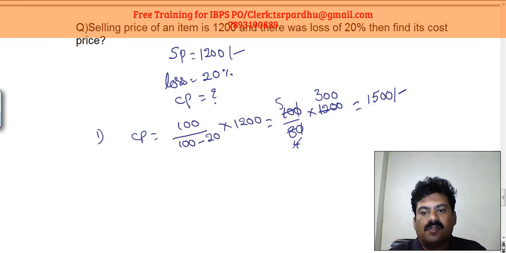Okay, cost price is 1500. After selling this item at a 20% loss, we got the selling price as 1200.